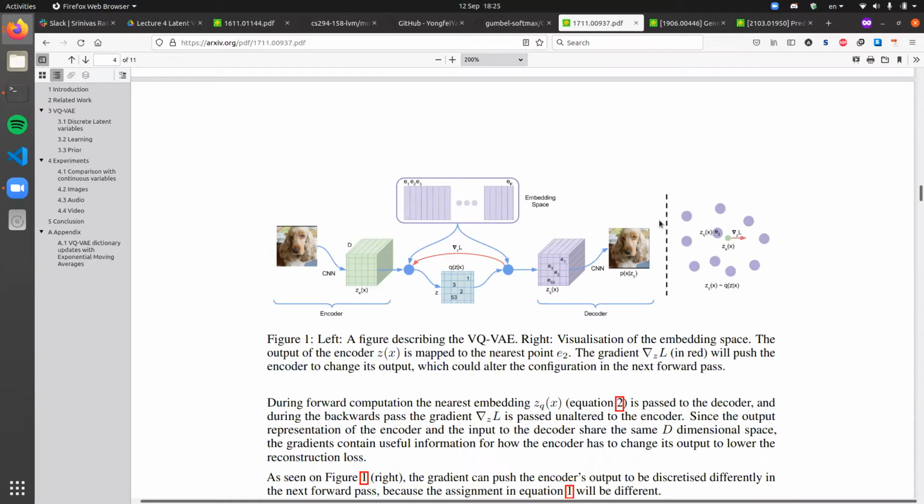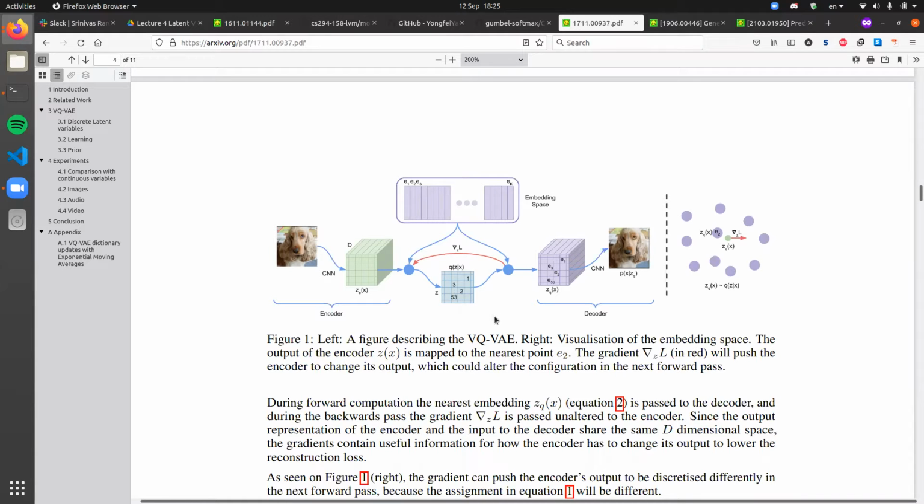As you remember, we can sample unconditional samples from PixelCNN, and those are supposed to be very similar to what we expect in the actual data distribution.